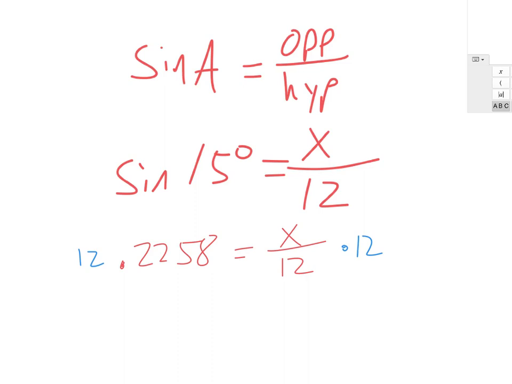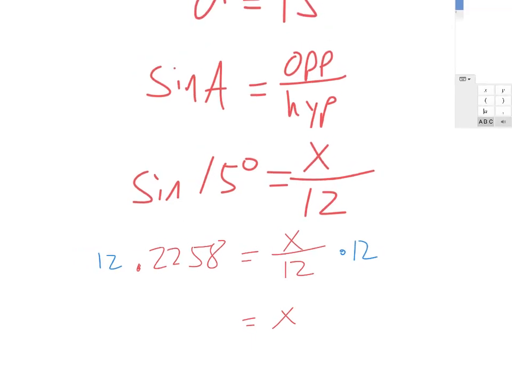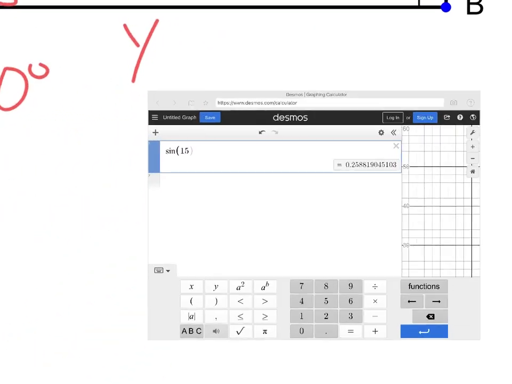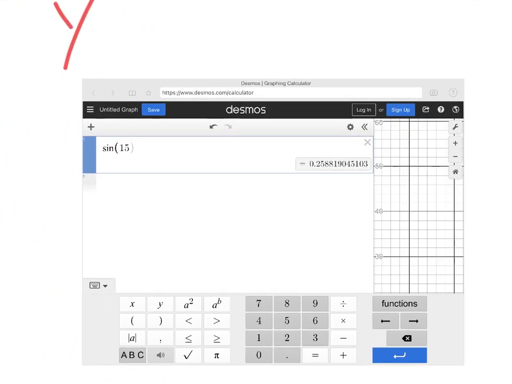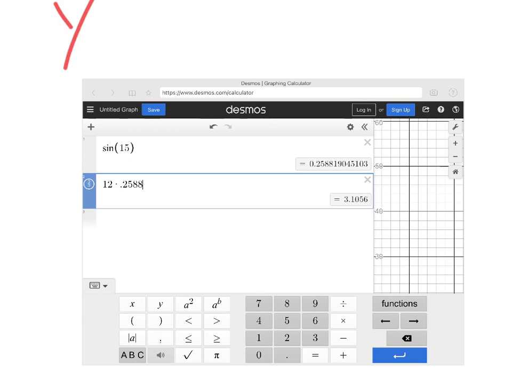All right? So we have X equals 12 times that number. So we can come back over here and take that number and multiply it by 12. So we can go 12 times 0.2588, and there's our answer.